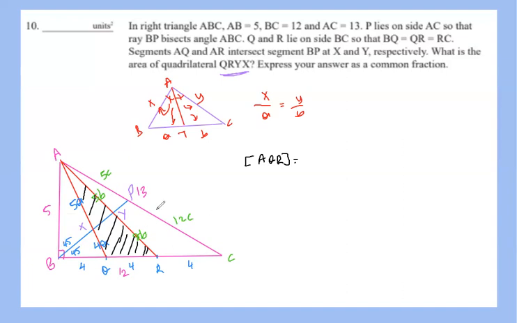So I will say 4 times 5 over 2 will be that area, but let me clear this part because I will have some more stuff going on there. That means this is 5 times 4 over 2, which is 10. Okay, that's good, at least for now. We got the area of this region. I can find this as well if I want to, or these two, but I just want to find this region so I can subtract from 10.